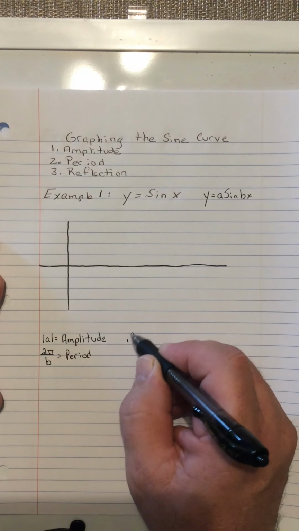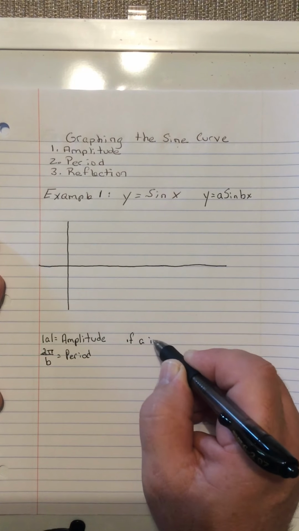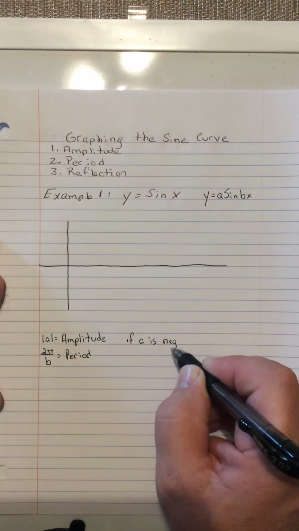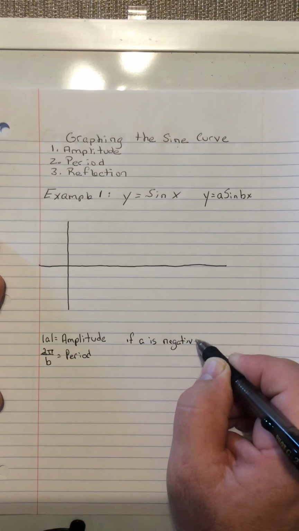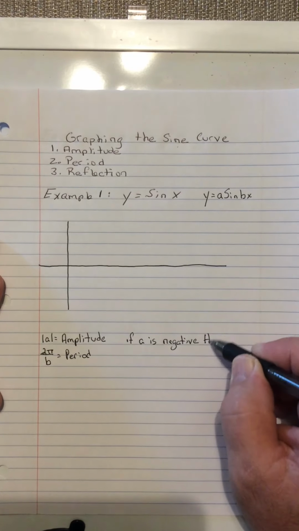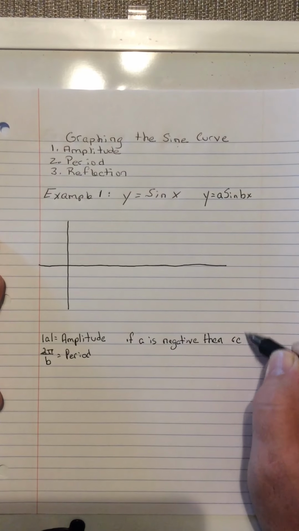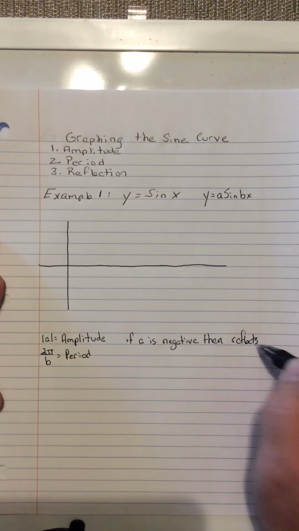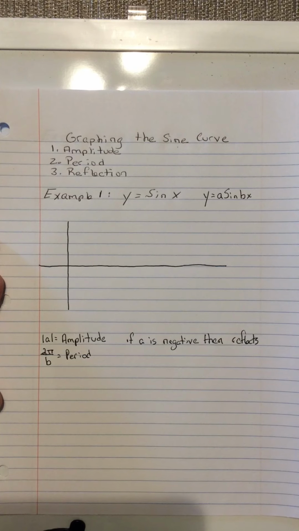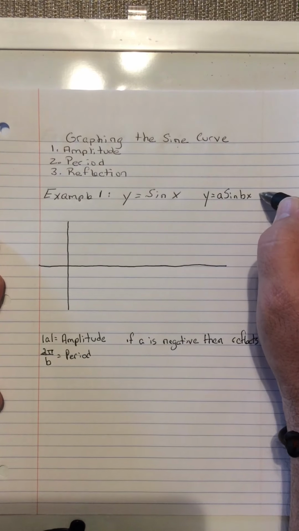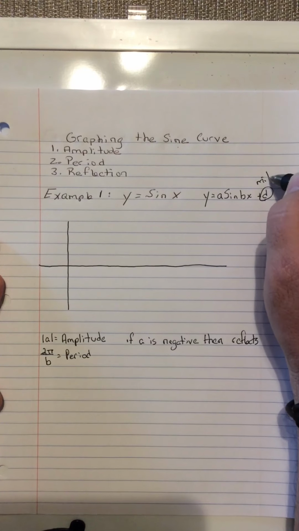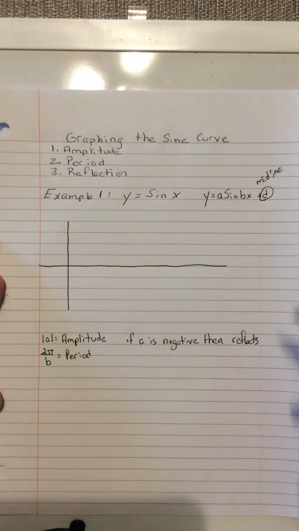And if a is negative, then it reflects. So just like cosine, my midline is always this number out here, d. That's my midline. For this lesson, the midline is always going to be y equals 0.